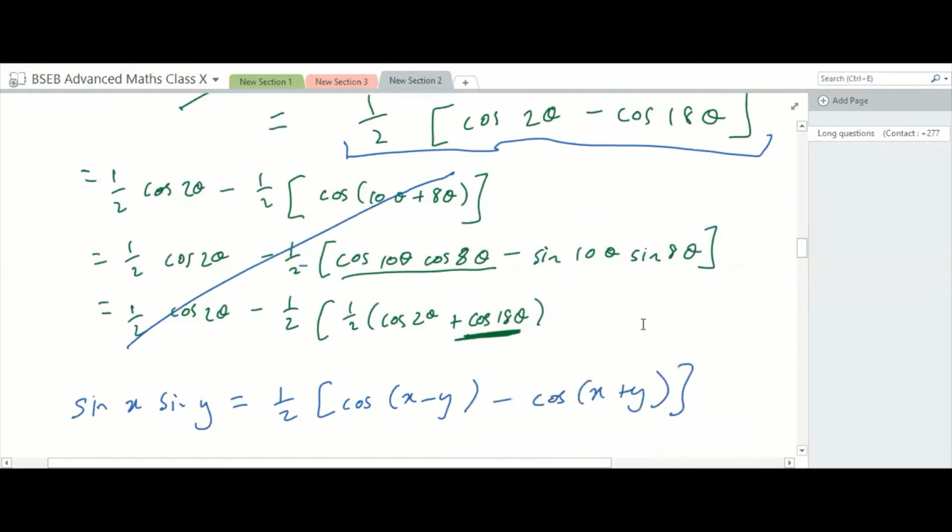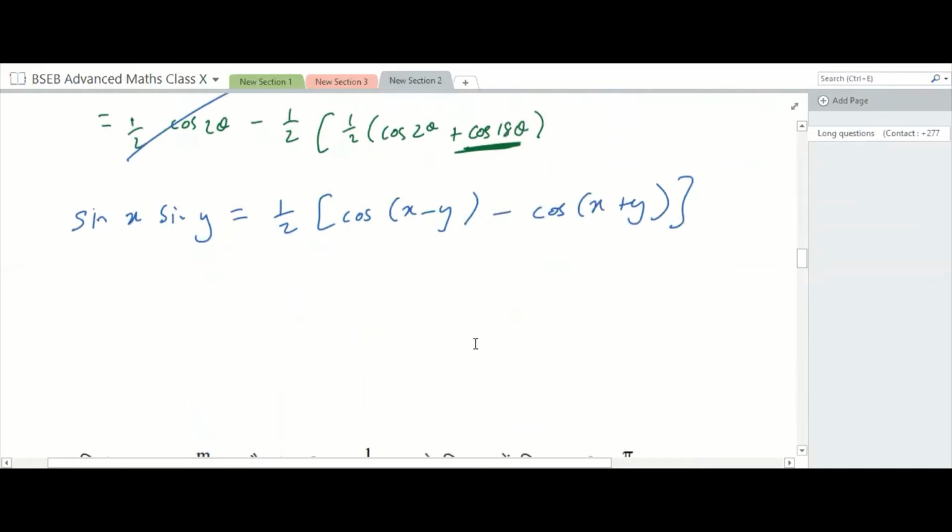So if you are looking at this, x minus y is equal to 2, and x plus y is equal to 18.